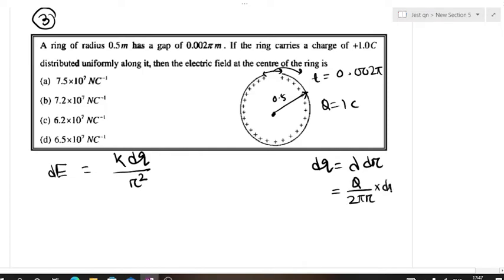and dr, so k by r square, q by 2 pi r. Sorry, this is the whole radius, into dE.